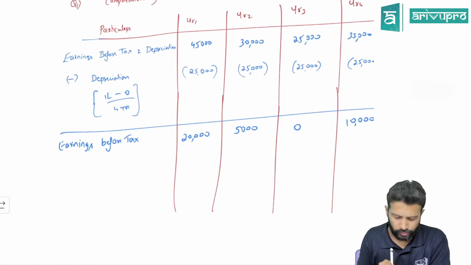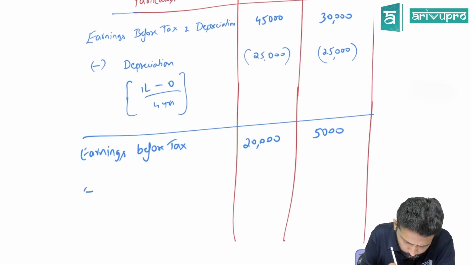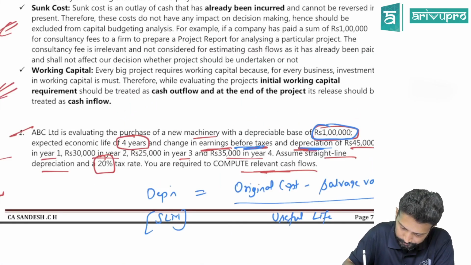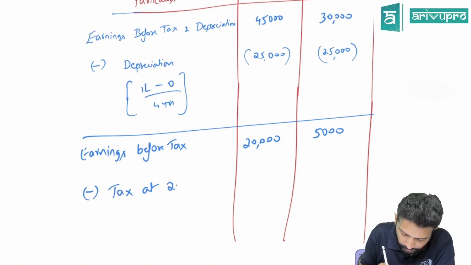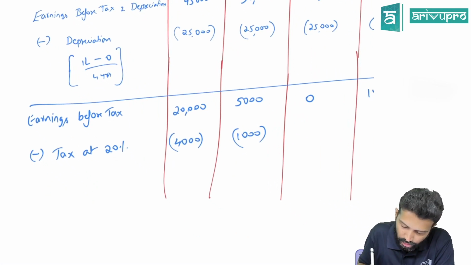From this, I need to pay some money to the government as tax, no? So hence what I have to do? I deduct the tax. How much is the tax rate that they have given in the question? 20%. Okay, calculate. This will be 4,000. This will be 1,000. This will be 0.